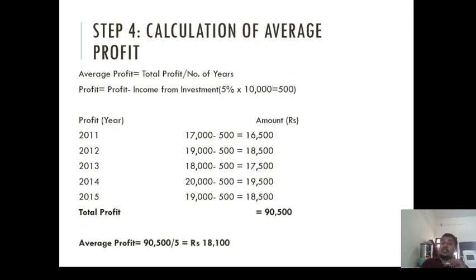Similarly, 19,000 minus 500 equal to 18,500 is the real profit for the year 2015. So after subtracting 500 rupees from each year's profit, we get the real profits, which are 16,500, 18,500, 17,500, 19,500 and 18,500.